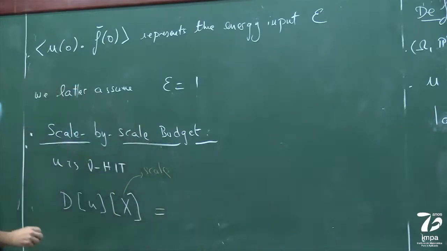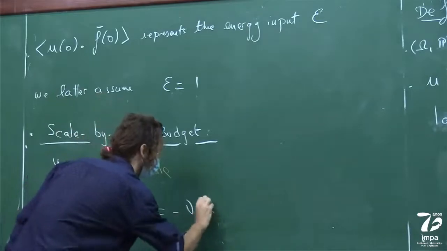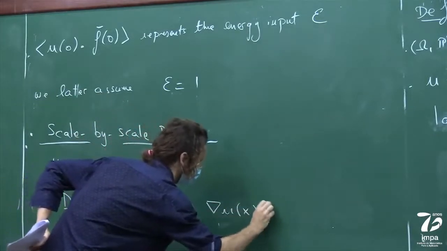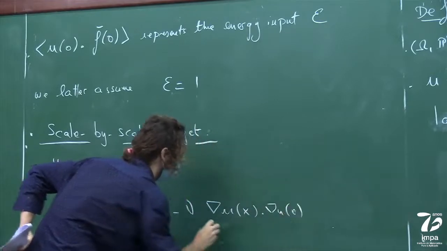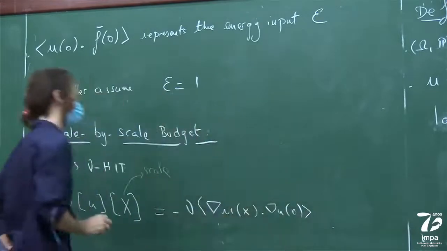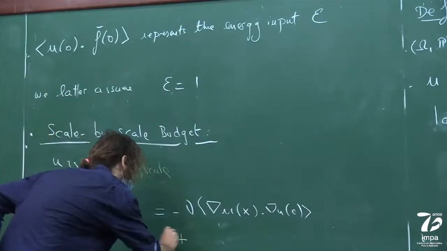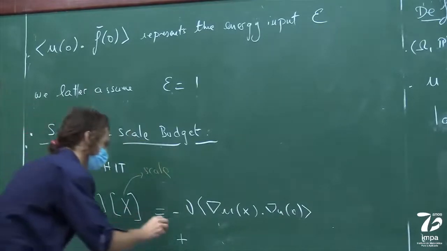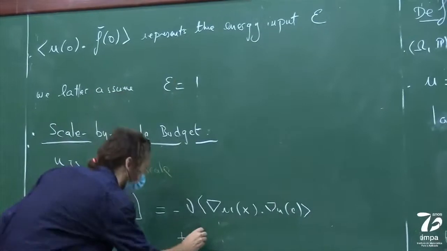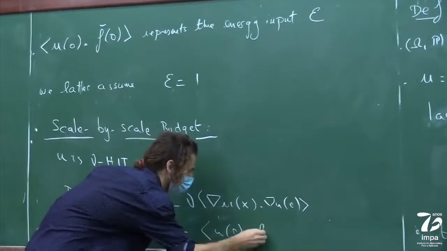Which is equal to minus nu times the correlation of the gradient in space, plus essentially this guy over there, the correlation of the forcing.